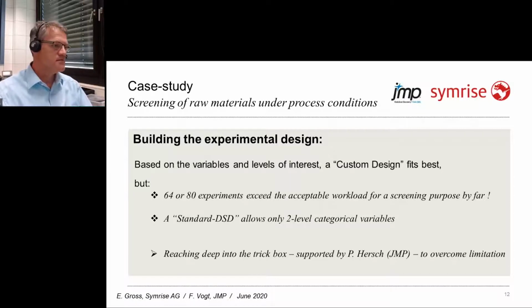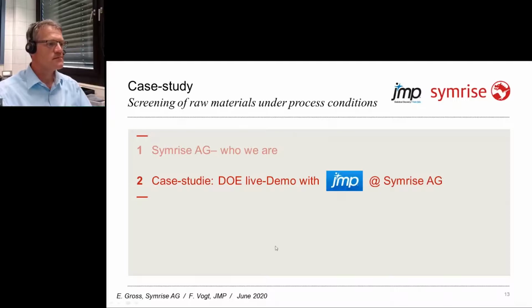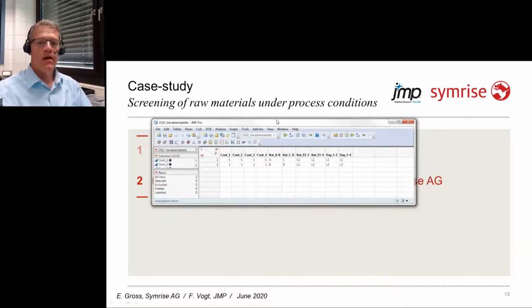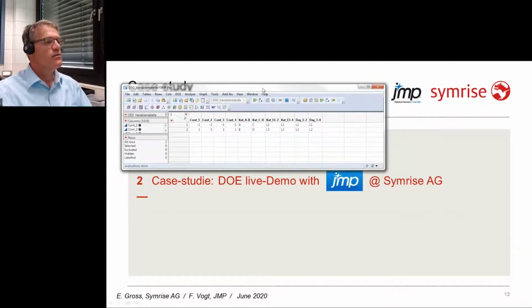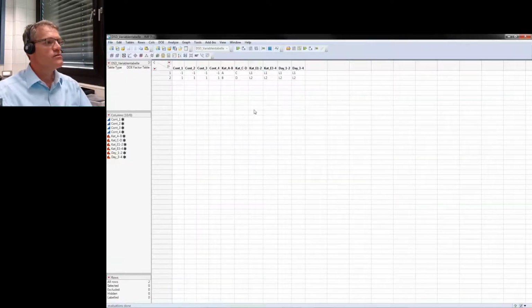To overcome this hurdle, we had to reach deep into the trick box, and this was supported by Peter Hirsch from JMP to overcome the limitation of the definitive screening design.